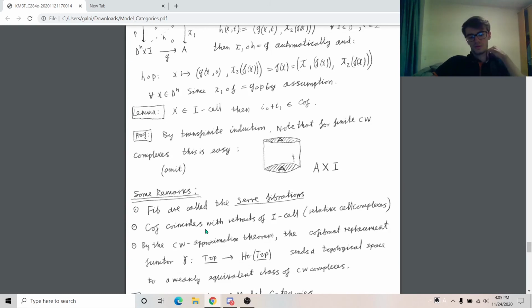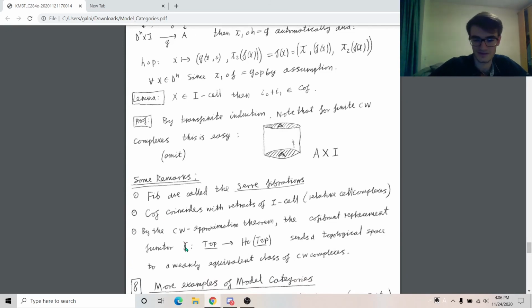And by the CW approximation theorem, which states that every topological space is weakly equivalent to some CW complex, this essentially gives you the cofibrant replacement of any topological space. The CW approximation theorem tells you more about the functor gamma from topological spaces to the homotopy category of topological spaces, because you start with any topological space, it's weakly equivalent to a CW complex, which is fibrant and cofibrant.